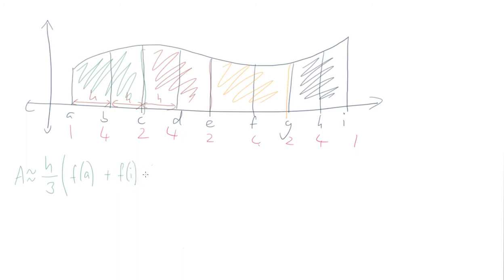You can write it out as 4f of b, 2f of c, 4f of d, etc., or you can factorize. My 4's: I've got f of b, 4 of f of d, 4 f of f, and 4 f of h.